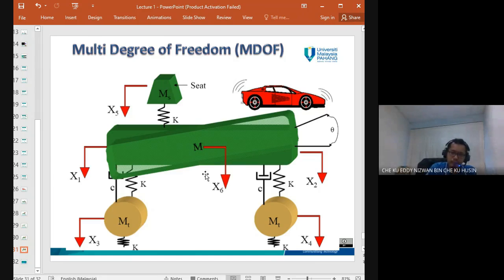Actually, the pitching mode is very important, especially if you want to study the mass distribution. That's why in designing a car, it's not just about the total mass, but the way you distribute the mass, the center of gravity. This can reduce the impact during driving.